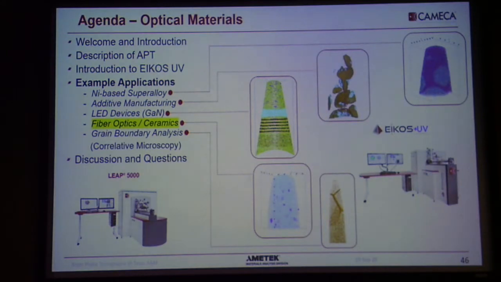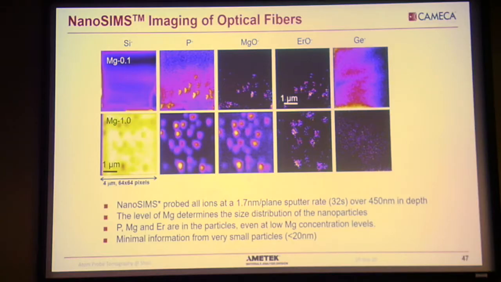Okay? So right now, what I've done is that I was personally involved with this project because one of my friends told me, hey, I'm working on developing some silicate-based glasses because I want to create some optical amplifiers.